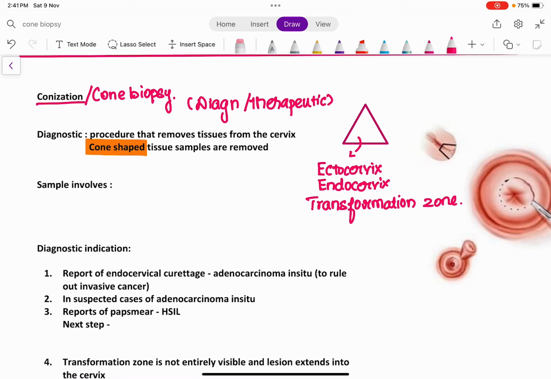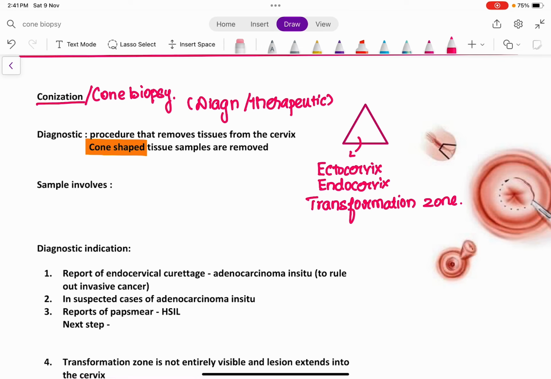So this cone includes all three important parts of the cervix, and the biopsy is taken from all these three parts.